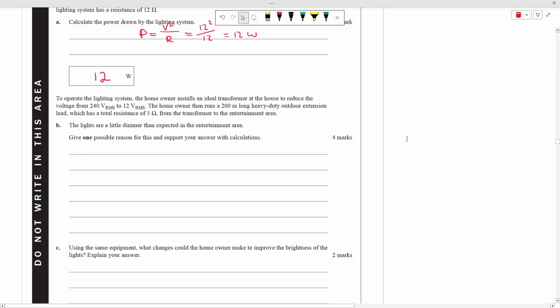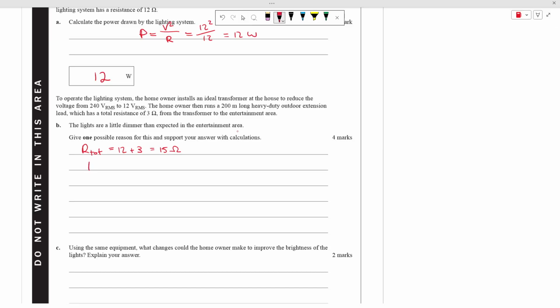So the total resistance, assuming everything's in series here, is 12 plus 3, which is 15 ohms. Now this 15 ohms of total resistance uses up all of this 12 volts that have been transformed, and so you could work out the current if you wanted to.